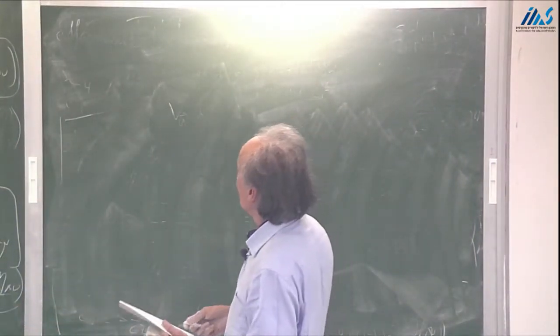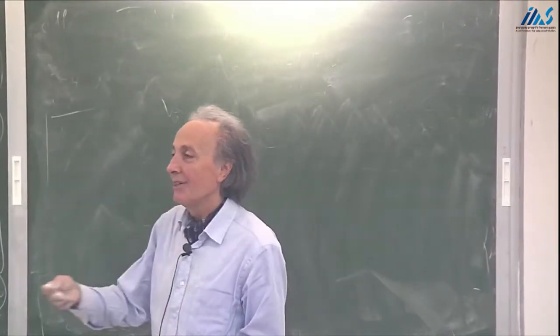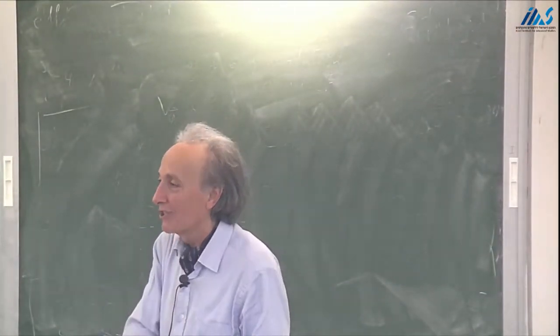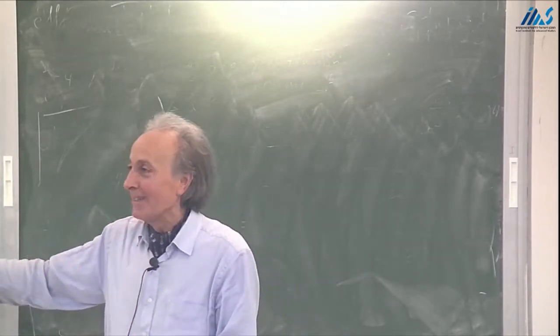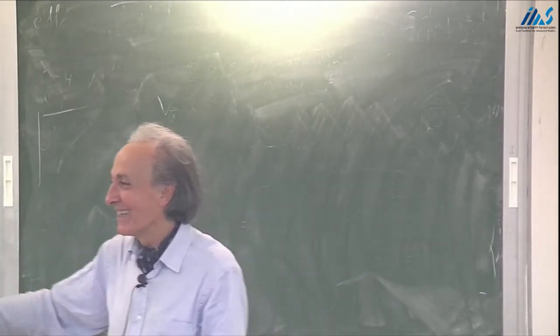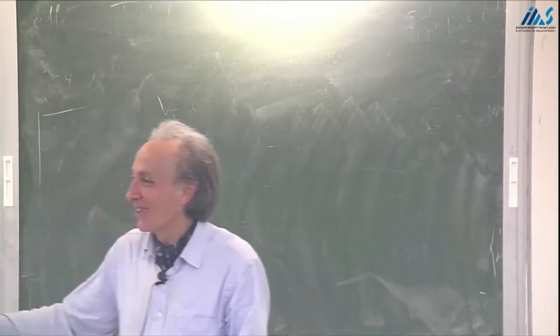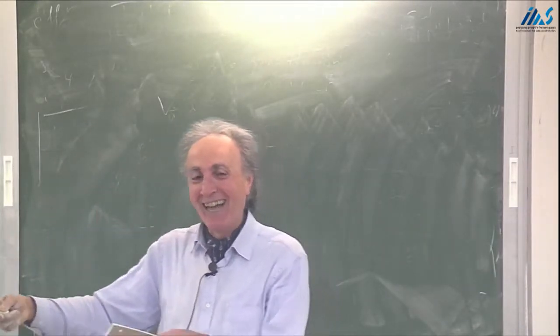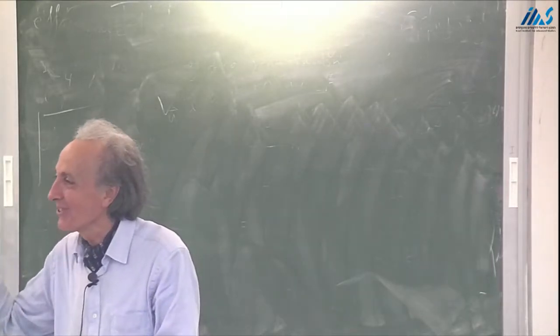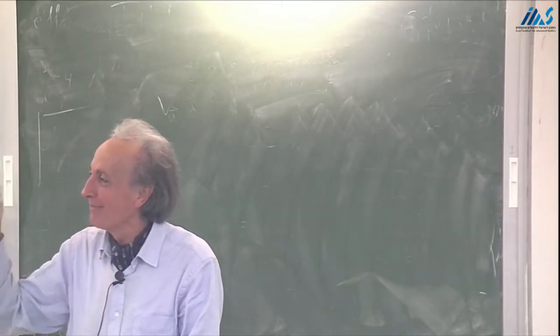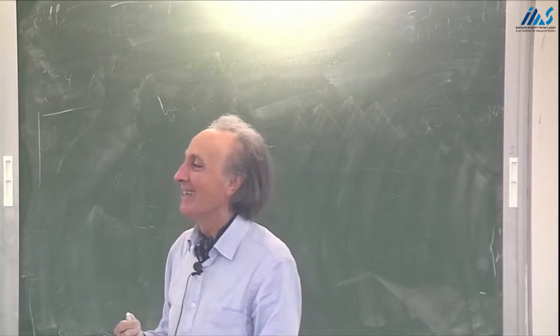This solution was found within 2 weeks of the discovery of the Einstein field equations by Schwarzschild, and he was, you know, on the front. The Germans were fighting all over Europe at the time in 1916, and Schwarzschild was on the Ukrainian front or something like that, or Crimea, somewhere far back.